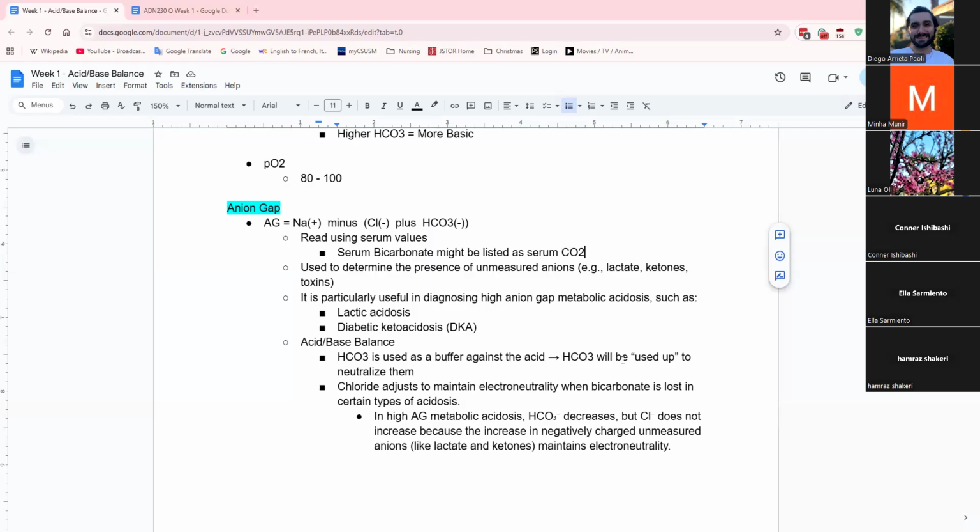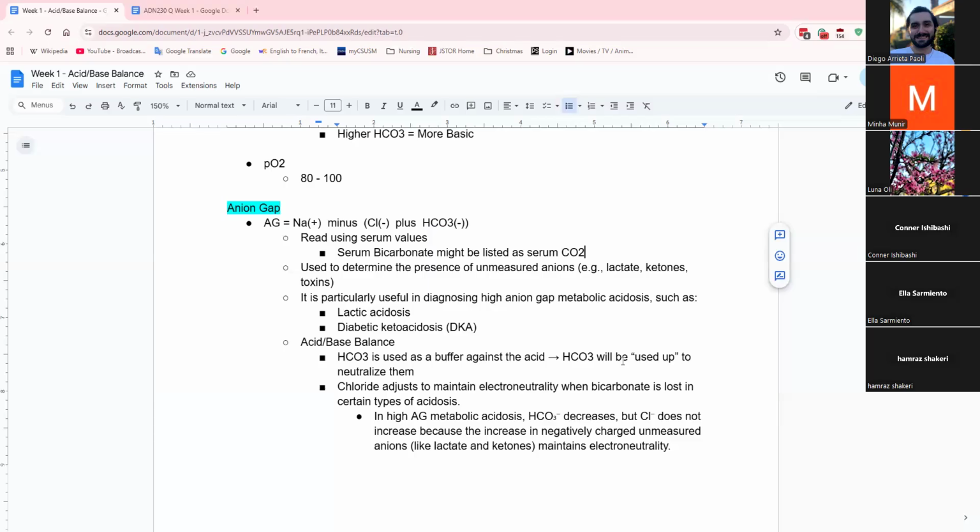Lactic acidosis means acidity in the blood caused by a buildup of lactic acid. If you guys ever went over the Krebs cycle, if we don't have oxygen to finish the cycle, then our body goes into anaerobic respiration and makes lactic acid as a byproduct.